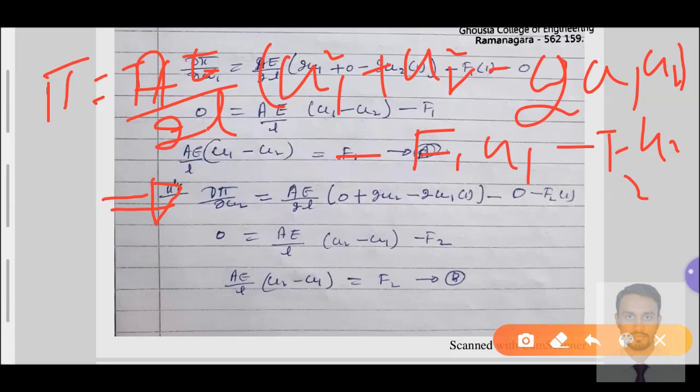So differentiation of this equation with respect to u2: this will remain the same. Differentiation of u1 square is 0, plus differentiation of u2 square with respect to u2 is 2u2, minus 2u1u2 differentiation with respect to u2 is minus 2u1 into 1, minus 0, minus f2 into 1.